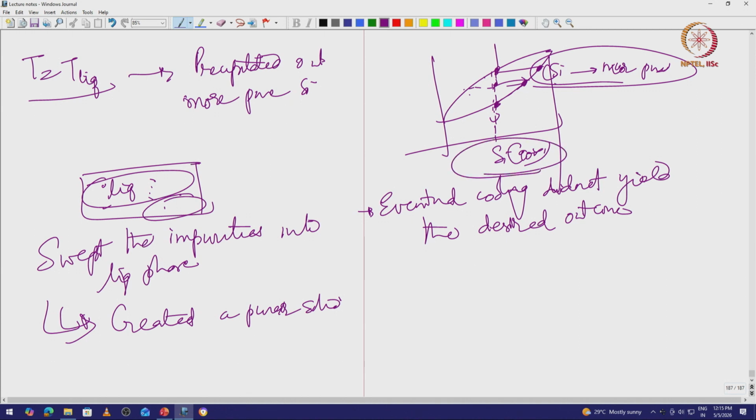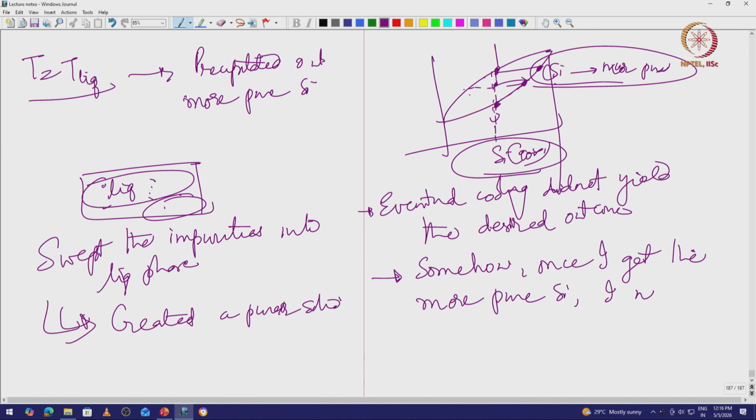Somehow I have to disturb this equilibrium. Once I get the more pure silicon, I need to disturb the liquid-solid equilibrium that exists in the mixture.